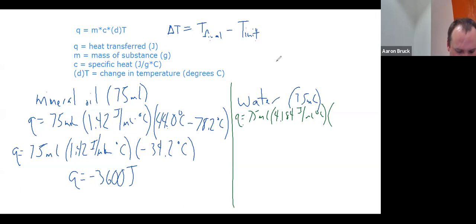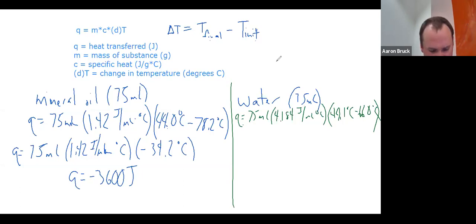It also ended at 44.1 degrees Celsius, but it actually started at 66.0 degrees Celsius.